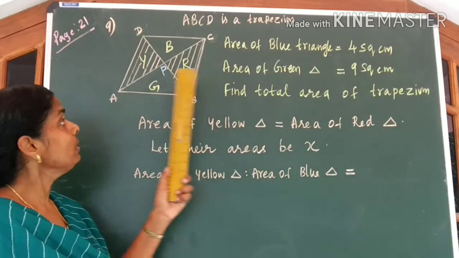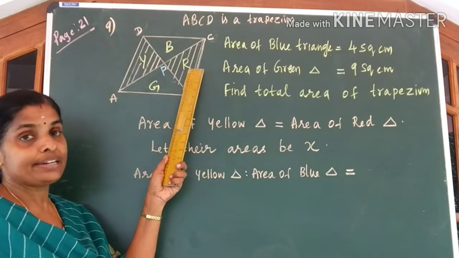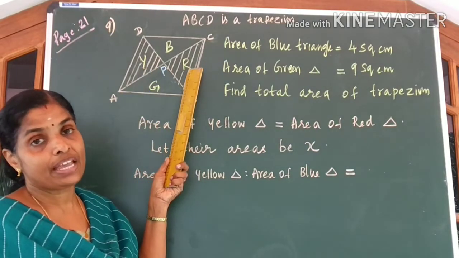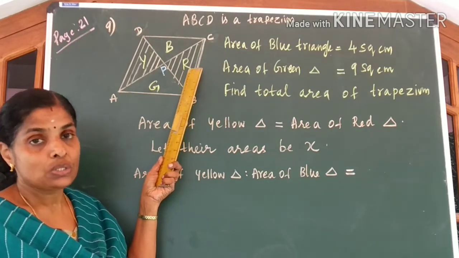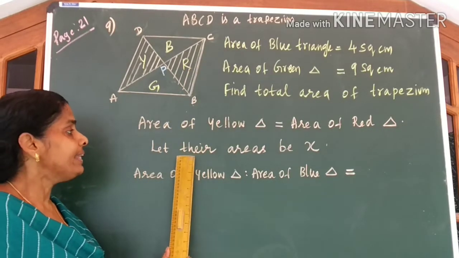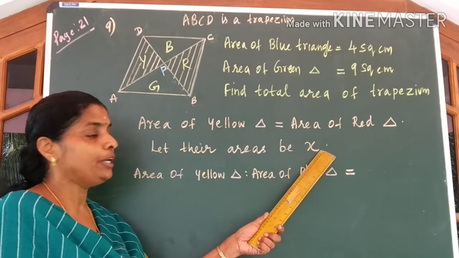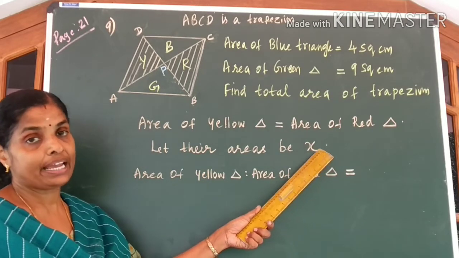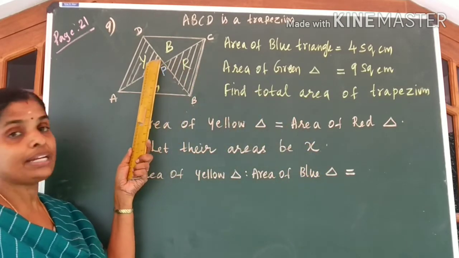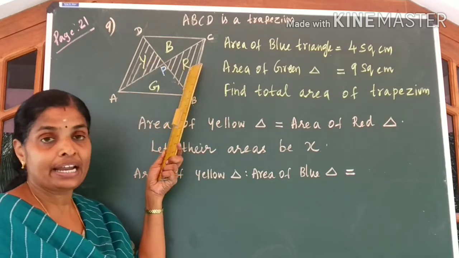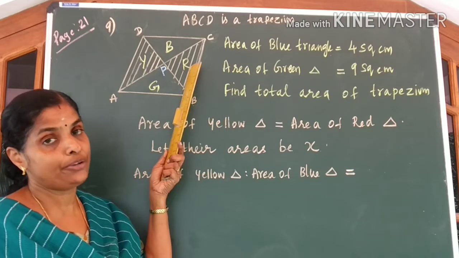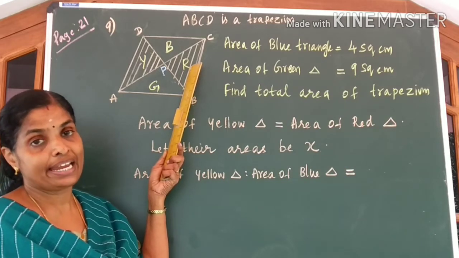Now we know this yellow and red triangles have their areas equal. Just now we have proved. So let me take their areas to be equal to x. I am taking the area of yellow triangle to be x, so that area of the red triangle would also be equal to x. Now use our idea.